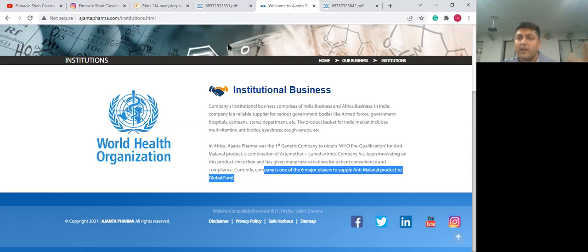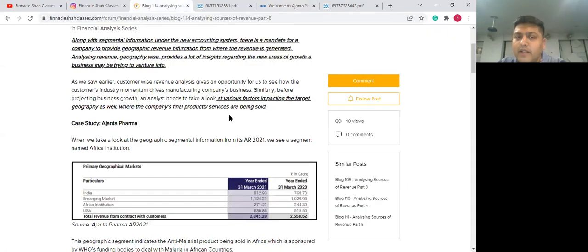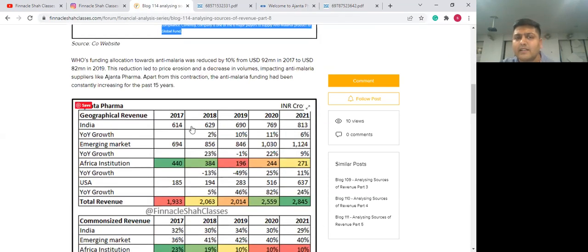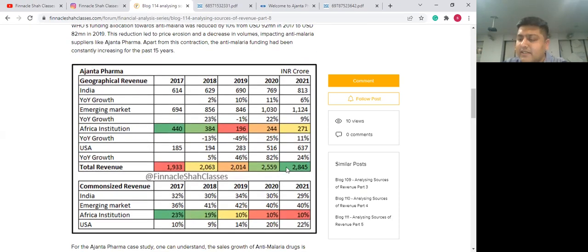Ajanta Pharma is benefiting from this kind of arrangement. Now, why does it matter to us? Because when you take a look at the data, let me actually show you. This is time series data of the Africa institution segment over the years. Now, you can do a simple common size analysis. I think by now you would be aware how to go about common size analysis.